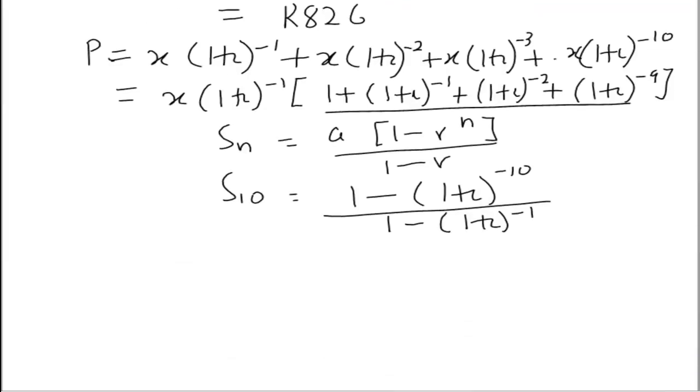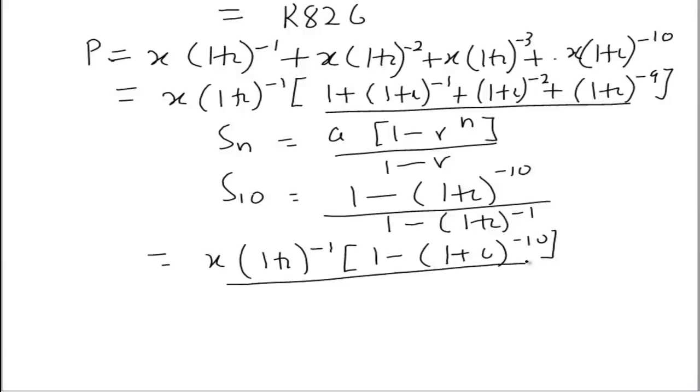Now, if I substitute at the top there, I've got in my numerator x into (1 plus i) to the minus 1, into the value that we've got here, 1 minus (1 plus i) to the minus 10, all over 1 minus (1 plus i) to the minus 1.